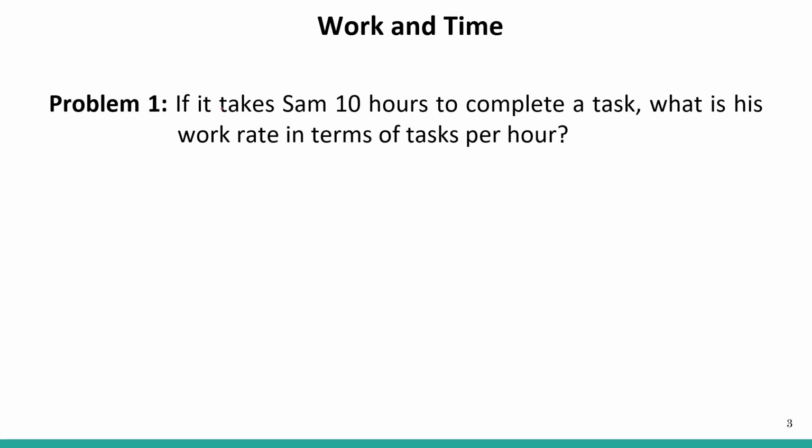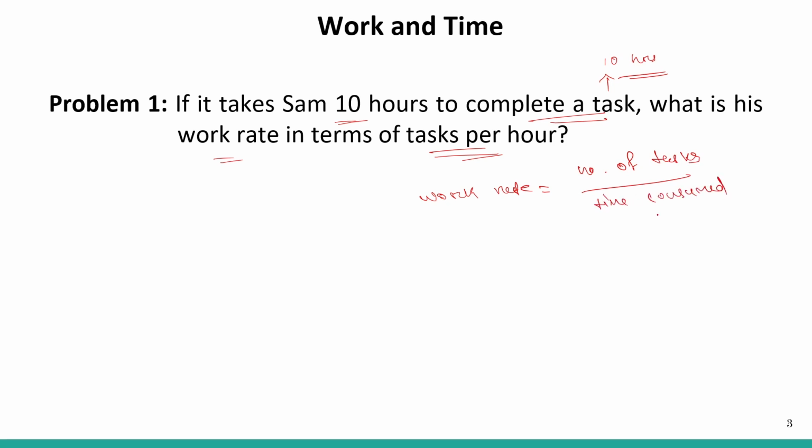If Sam takes 10 hours to complete a task, in order to complete the task he needs 10 hours. So what is his work rate in terms of tasks per hour? Work rate is equal to the number of tasks divided by the time taken for completion.